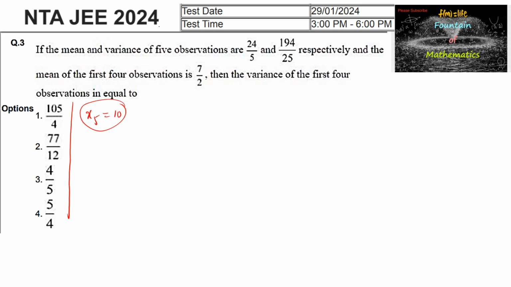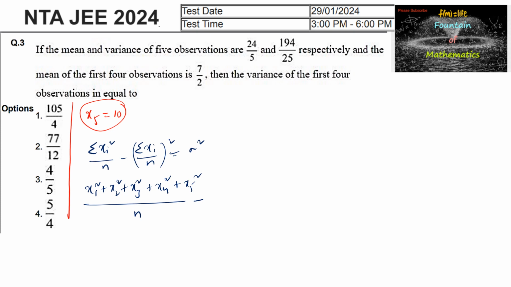Now let us consider the variance: summation xi square upon n minus summation xi upon n whole square, that is mean square, is equal to sigma square. So we can write here x1 square plus x2 square plus x3 square plus x4 square plus x5 square upon n minus the mean, which is 24 upon 5 for 5 observations, whole square is equal to 194 upon 25, which is given.